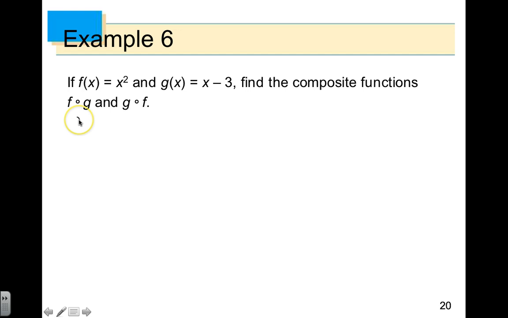So it'll look like f of g of x. Which means we're going to take this function and pass it into this function. So wherever I see an x squared, I'm going to write x minus 3 squared.